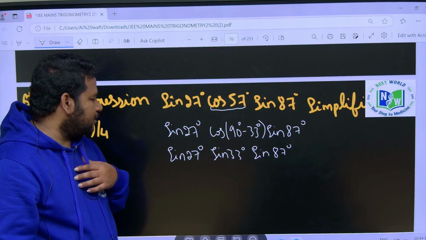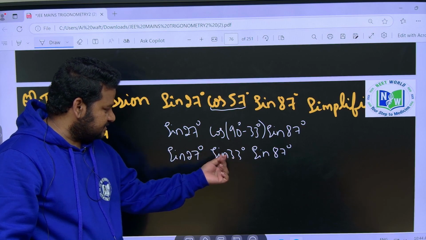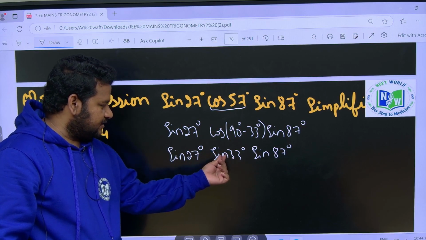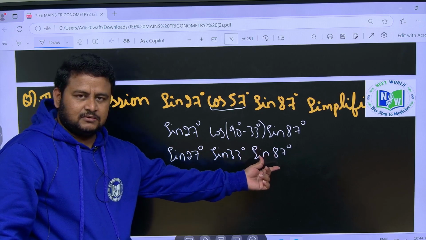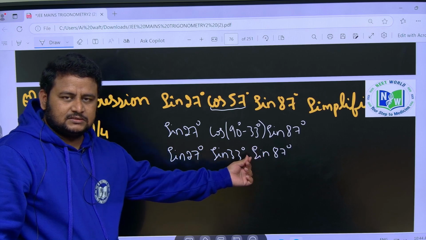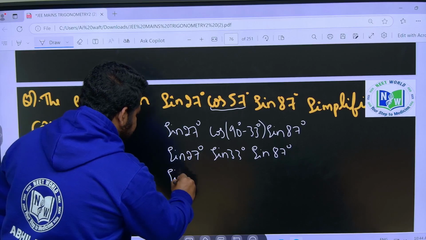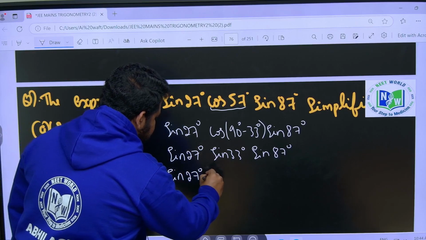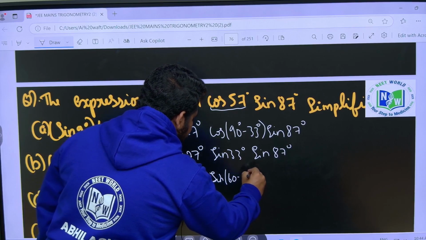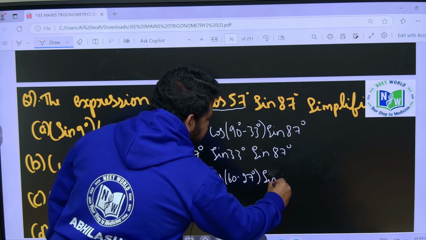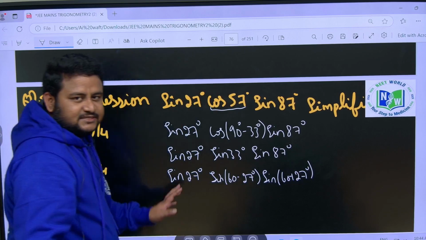Now we will apply our formula. This is sin A. Let us check. Sin 33 is sin(60 minus A), since 60 minus 27 is 33. Sin 60 plus 27 is sin 87 degree. Let me write it for your understanding: sin 27 into sin(60 minus 27) into sin(60 plus 27).